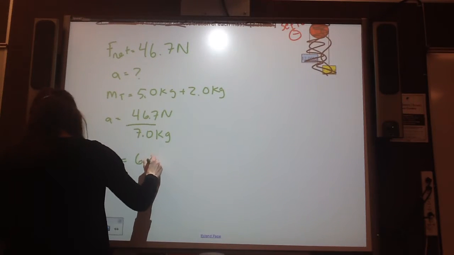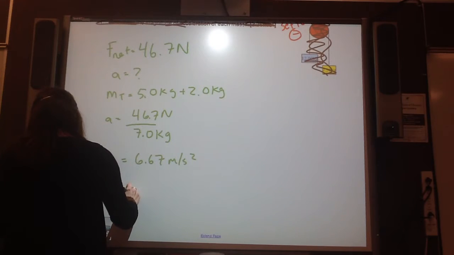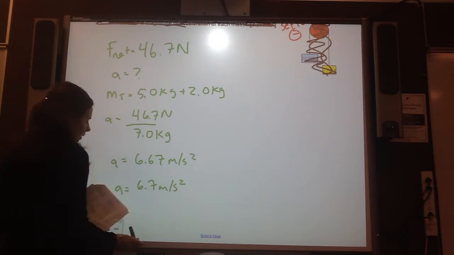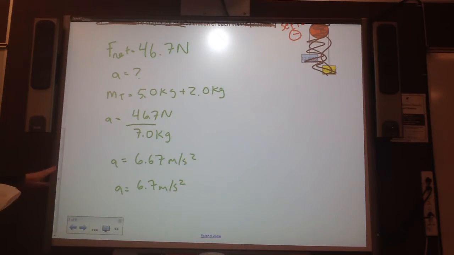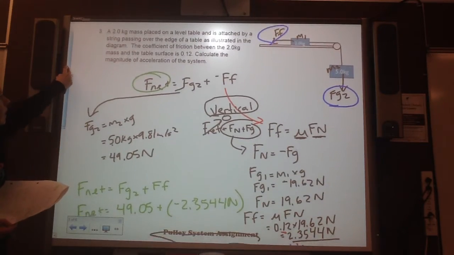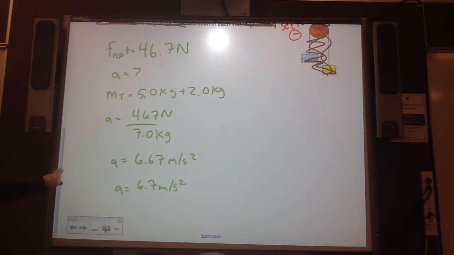So a is 6.67 meters per second squared. And this asks specifically to calculate the magnitude of the acceleration, so we don't need to put a direction because it's just asking about the magnitude for the whole system.